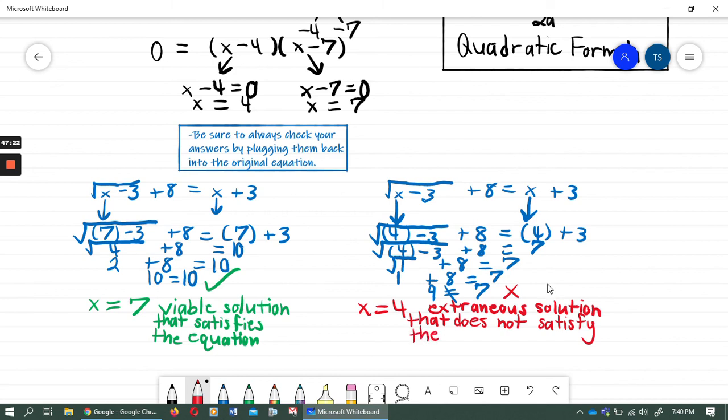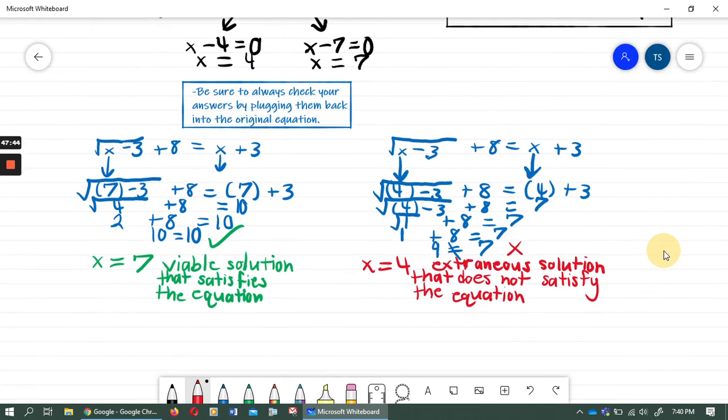Okay, that pretty much does it, guys. Again, we've gone over 4 different types of examples where we are solving radical equations. Again, folks, please make sure that you always check your answers after you finish solving.